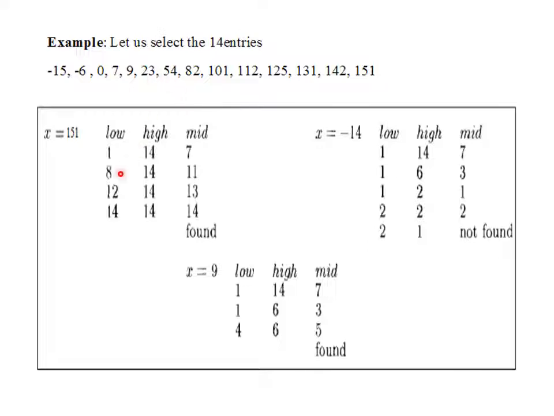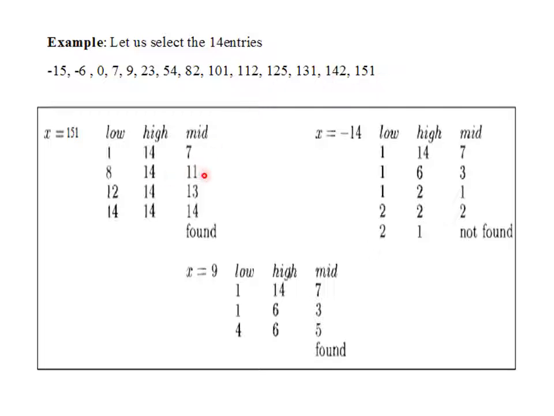In the second recursive call, we pass low as mid plus 1, 7 plus 1 is 8, 8 plus 14 divided by 2, that is 22 divided by 2, equal to 11. The item at index 11 is 125.